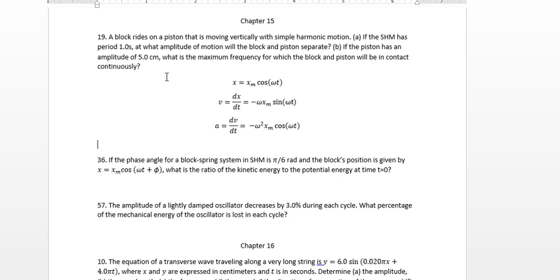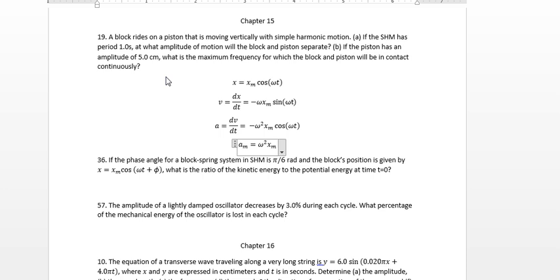Well, it's not going to separate on the way up. But when it starts heading down, that's when it's going to separate. So we're looking for the point at which a equals a max, which is omega squared x_m.